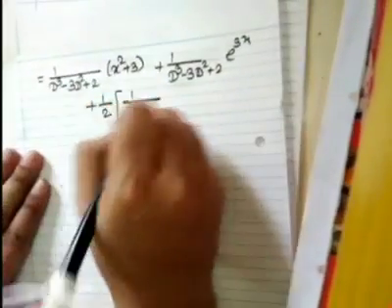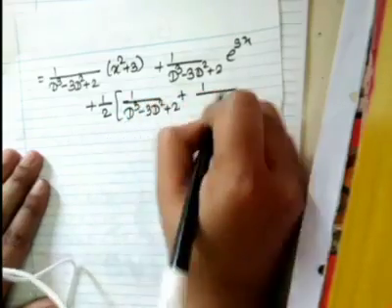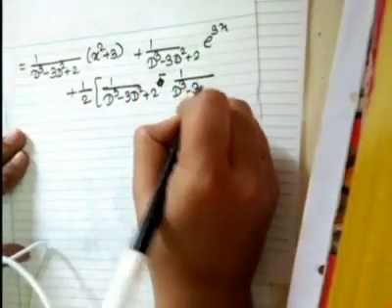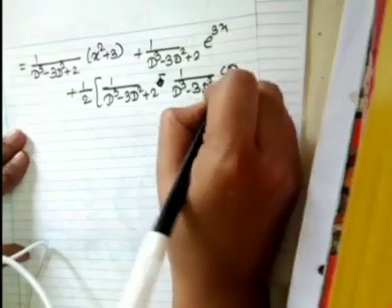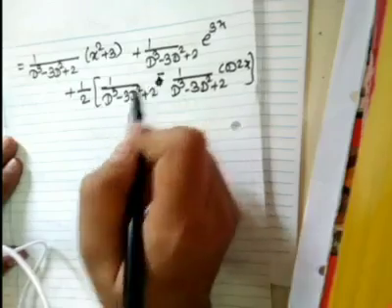So into 1 minus into cos 2x. But what we write here as 1, for that 1 we will write what?